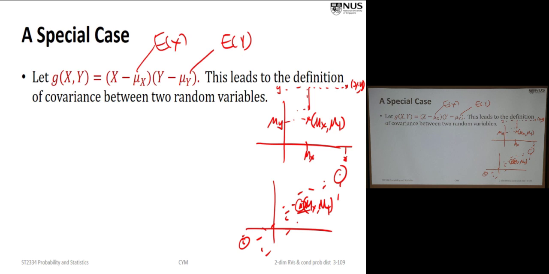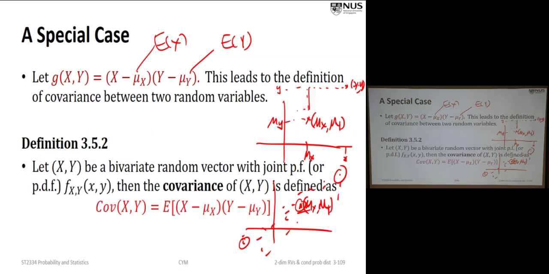So the expectation of this quantity means that you have to evaluate this function at the joint PDF, and then for the discrete case, taking expectation means that you sum over x, sum over y.